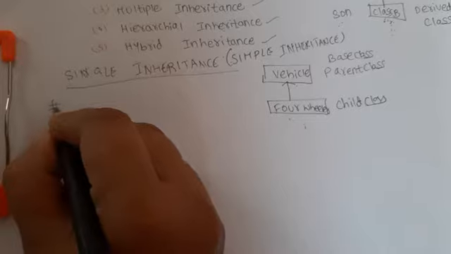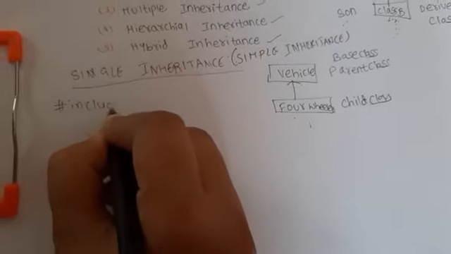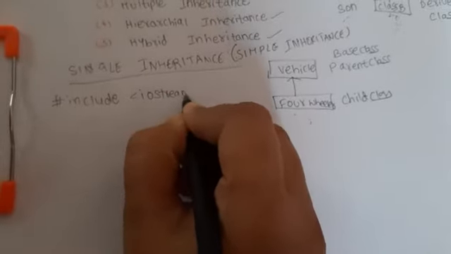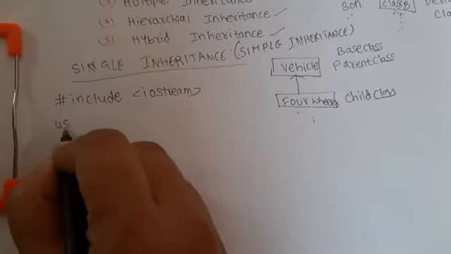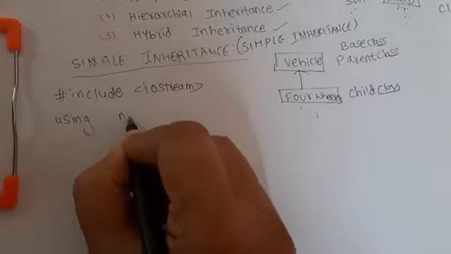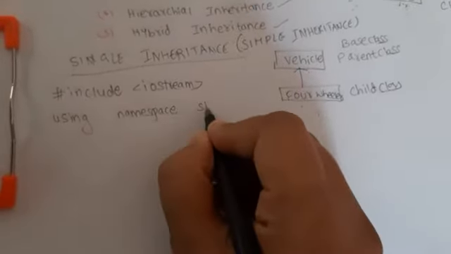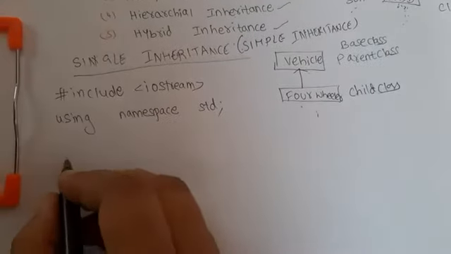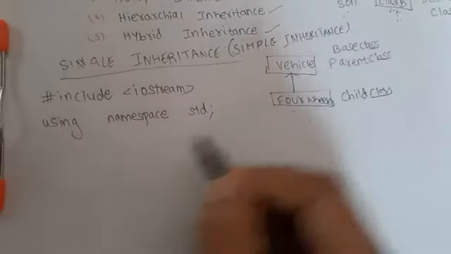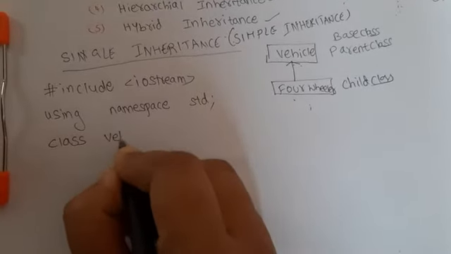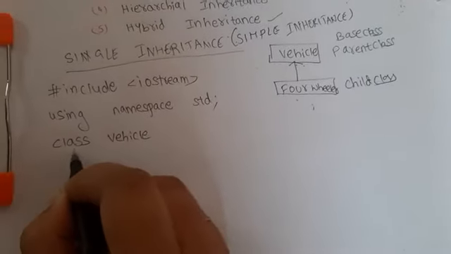As usual we will write #include iostream, using namespace std. Now the class name is vehicle. So let us write class vehicle, open the bracket.